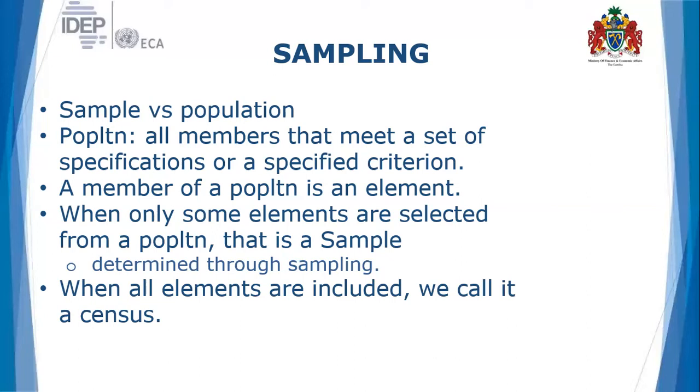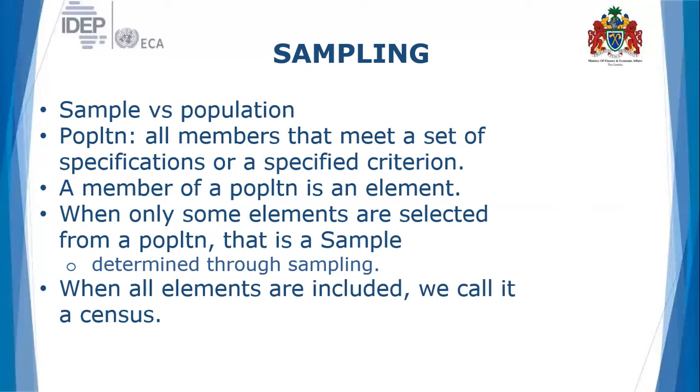But a member or an individual member of a population is called an element. Now, in that population, when we only consider some elements, then those elements considered or selected form what we call a sample.